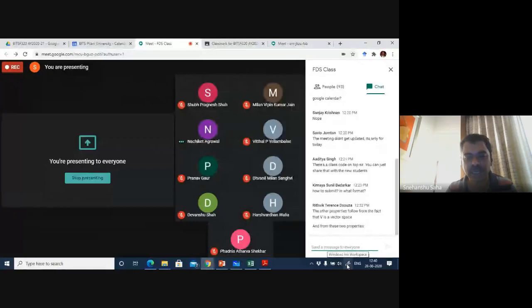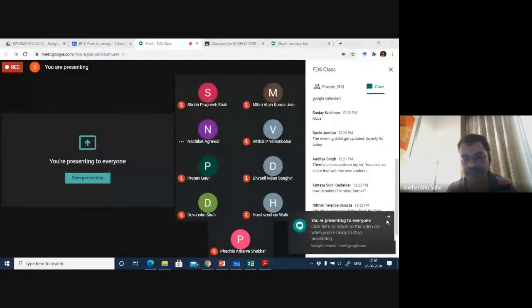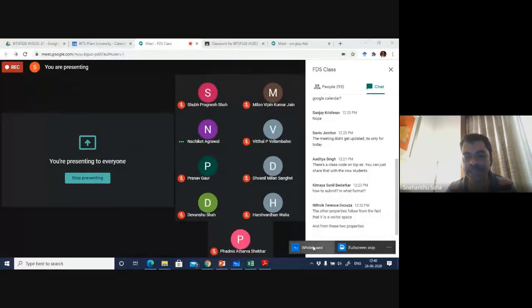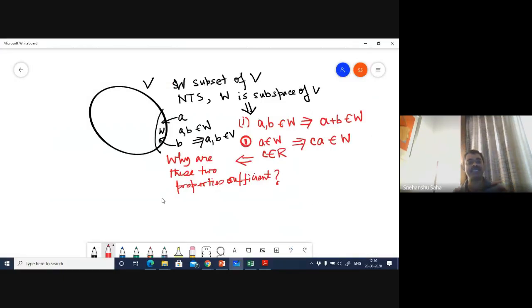So what happens is the following: W is a subset of V, and by virtue of V being a vector space, the other properties such as distributivity, associativity, additive inverse, multiplicative inverse, all these are properties of the vector space V which are inherited by the subset. So you really don't need to care about the other 8 properties. These two would be good enough.